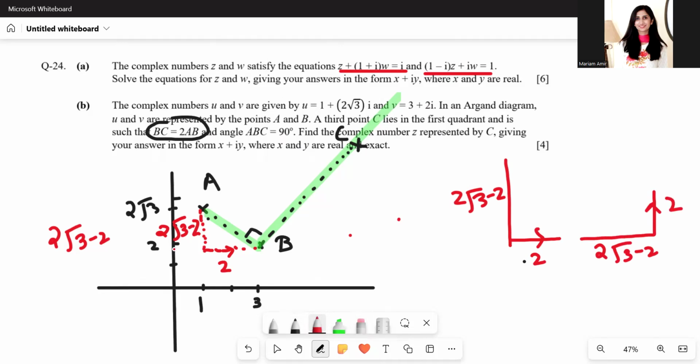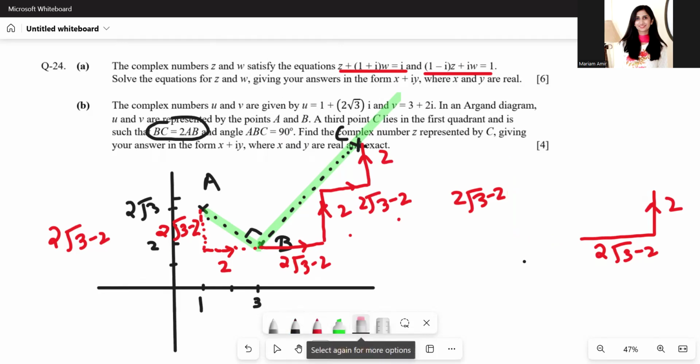So now we're going to move it like this. This is 2 root 3 minus 2 plus 2, and then again 2 root 3 minus 2 plus 2. So this will be plus 2, this will be plus 2, this would be 2 root 3 minus 2, and same 2 root 3 minus 2. Okay, now let's move the coordinate B in this direction. B has original coordinates of 3, comma 2.